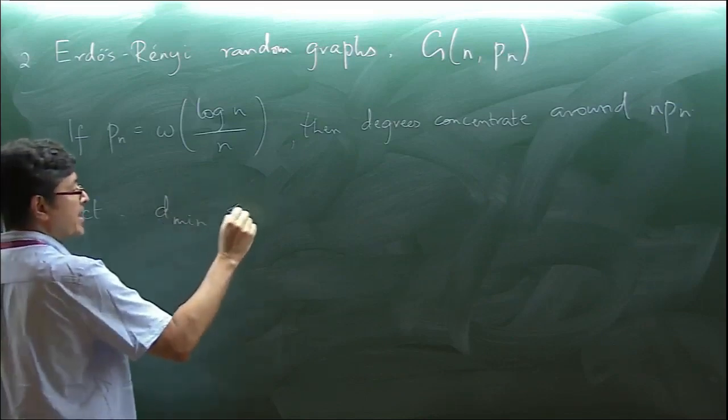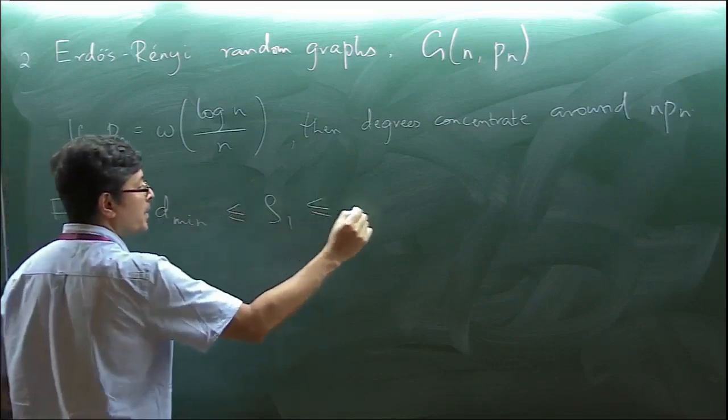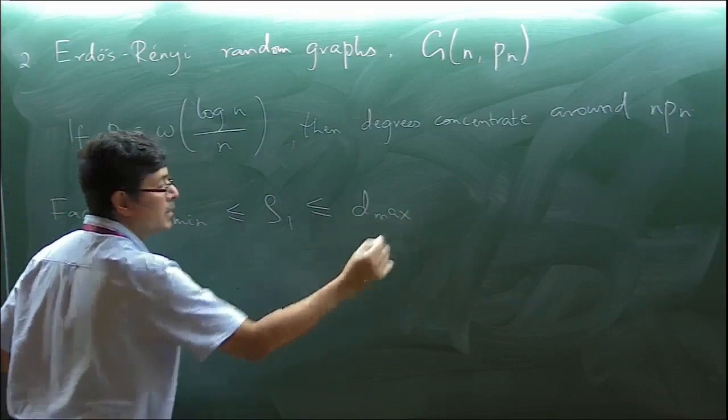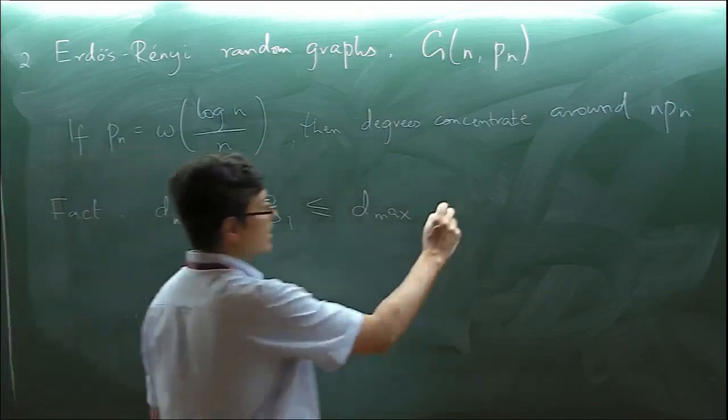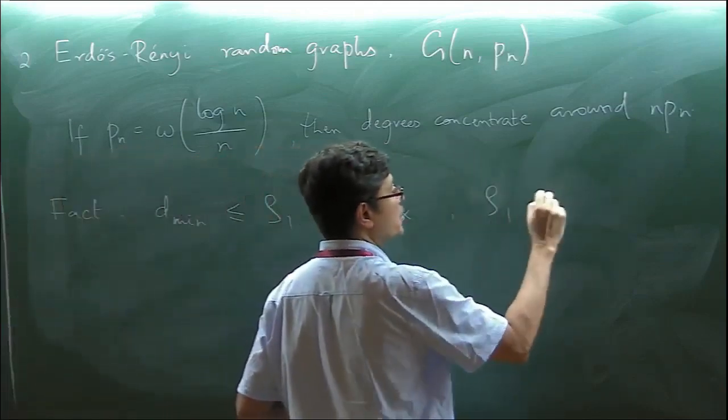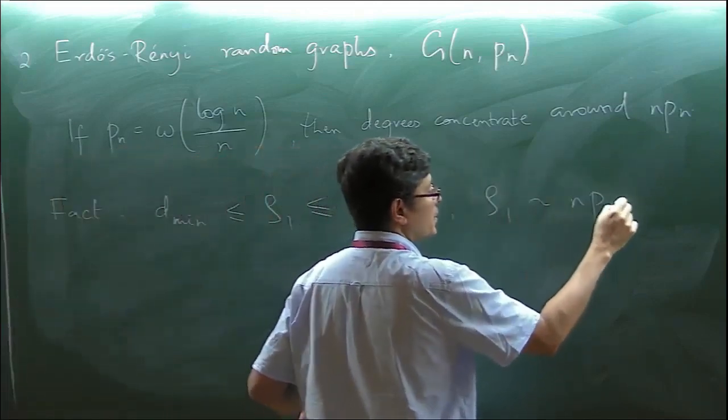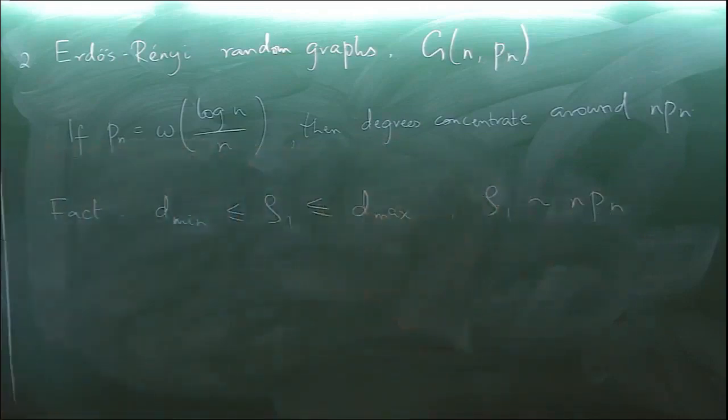And it's an easy fact that the spectral radius lies between the minimum and maximum degree. So if they concentrate, then it's equal to either of them. So the largest eigenvalue is asymptotic to n p_n.